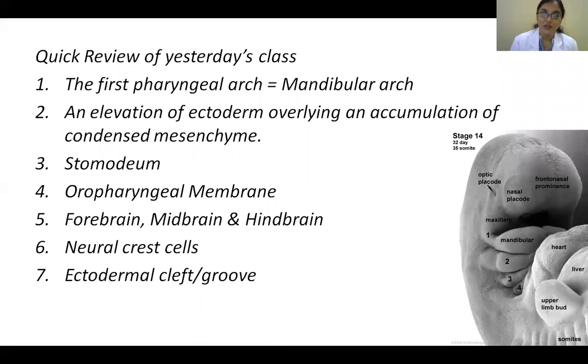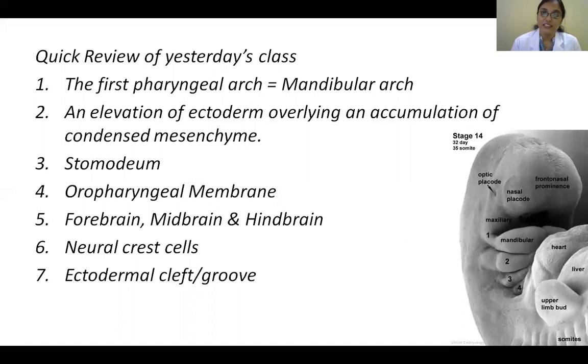What happens if the oropharyngeal membrane ruptures? Then there will be communication between the primitive oral cavity and the digestive tract. The other area where ectoderm and endoderm are together is the cloacal membrane.